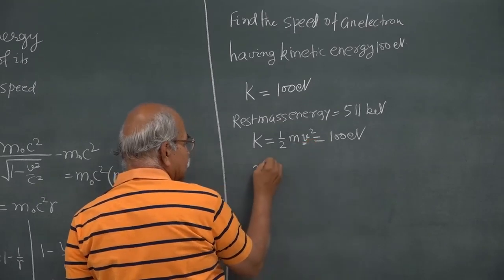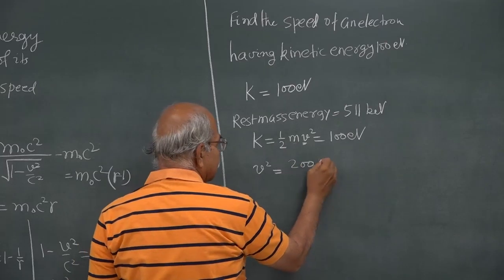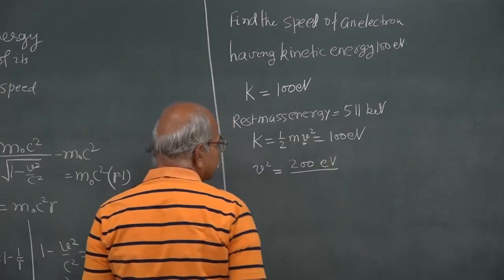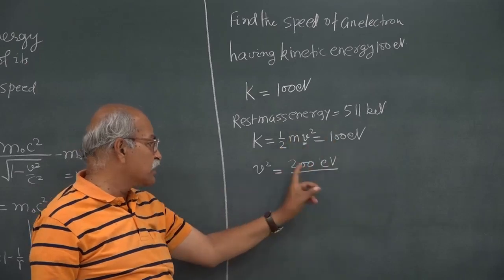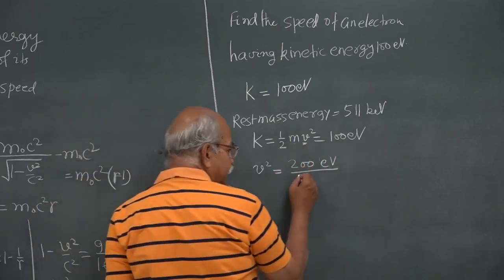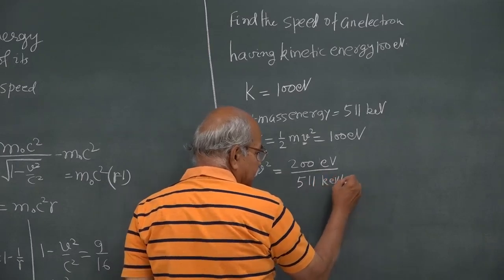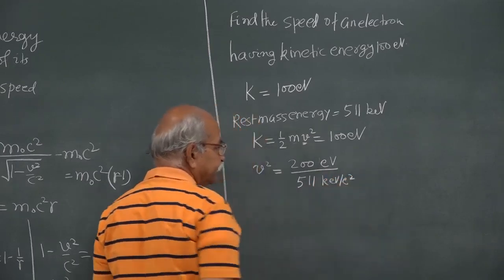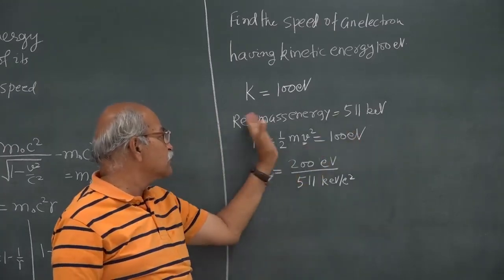So, we can write v square is equal to 2 into 100 eV, divided by mass. Mass I can write as 511 keV per c square, because m c square is 511 keV, that is the rest mass energy.